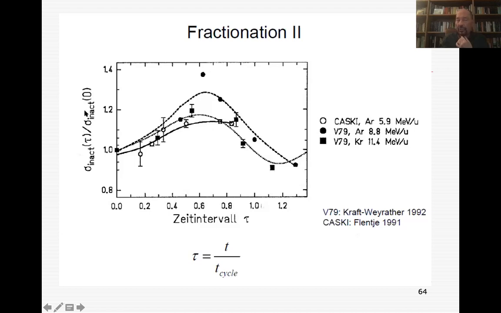this is the ratio of the inactivation as a function of the time after irradiation, and you see here that the data are approximate. This is argon and krypton, so you have a tendency to have a reduced dependency on the time between irradiations when you go to high LET.